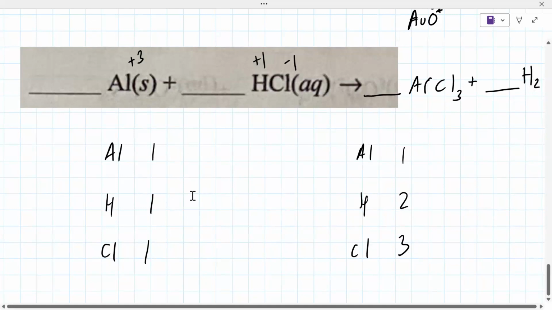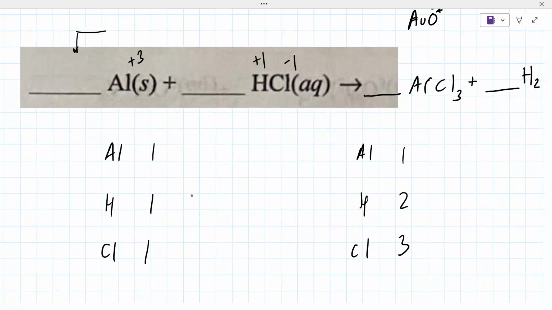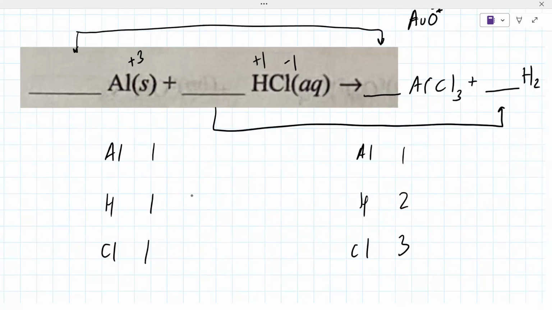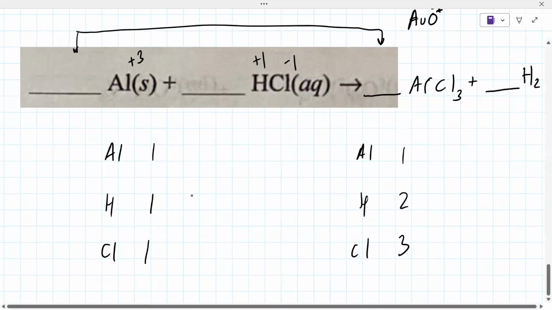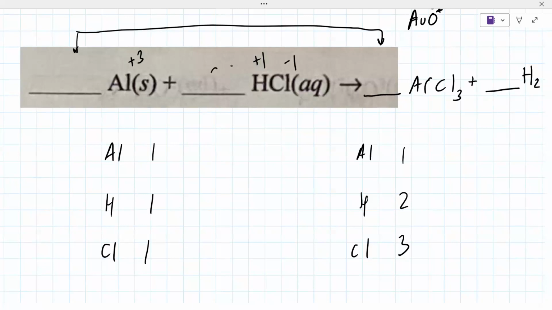The first one and the first one match because of the Al. That's for sure. And that's where there's kind of this guess and check approach. You're like, okay, I got 3 here, so I need to get 3 Cls here. So I put a 3 here.